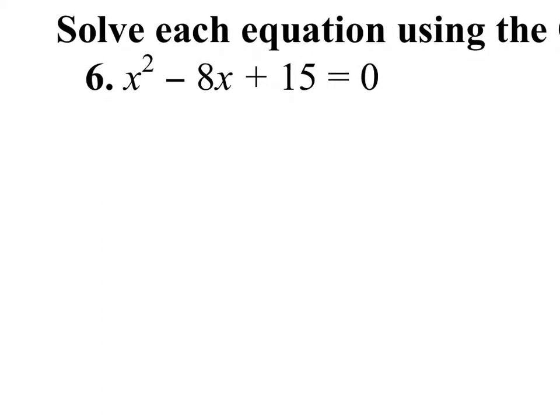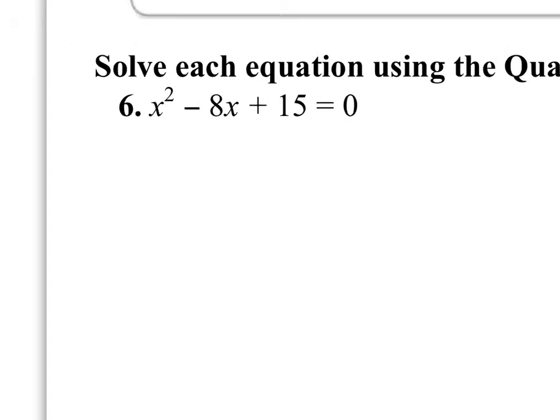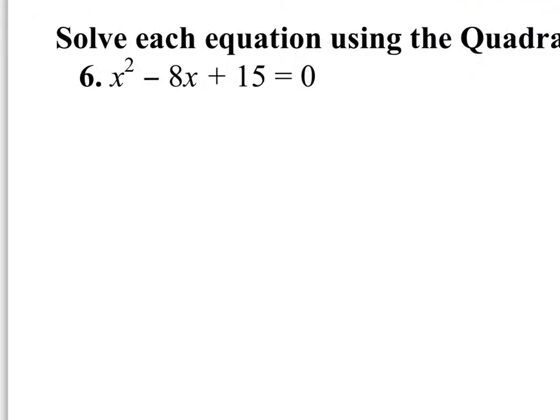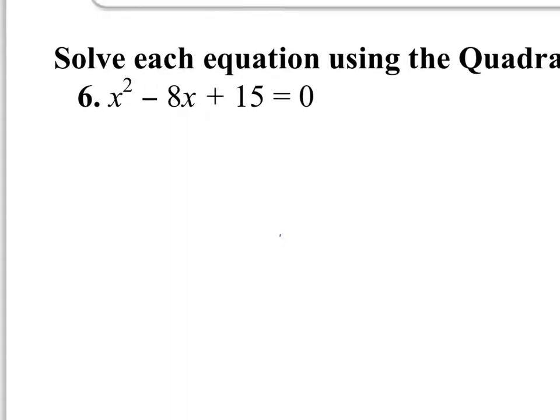Our first step is making sure that it's written in standard form. Just as a little refresher, standard form is going to be ax squared plus bx plus c equals 0.